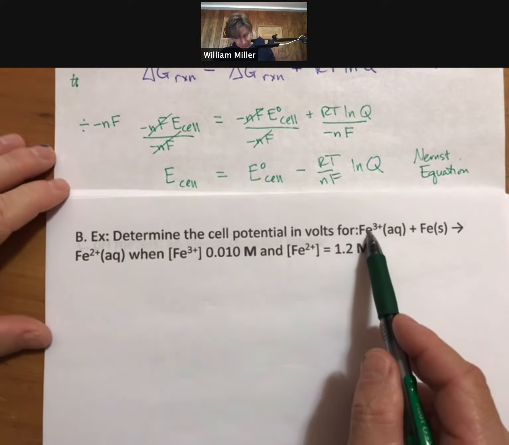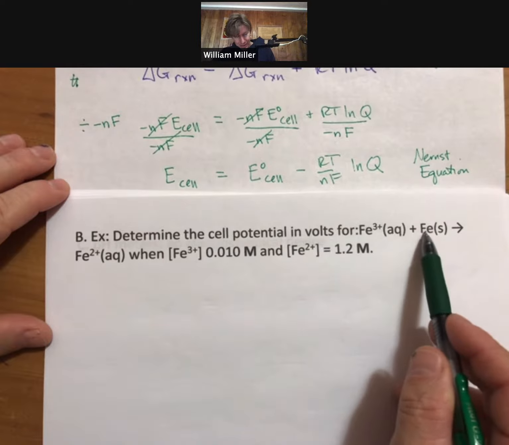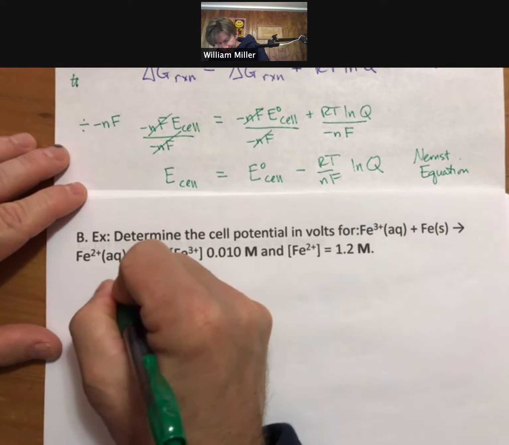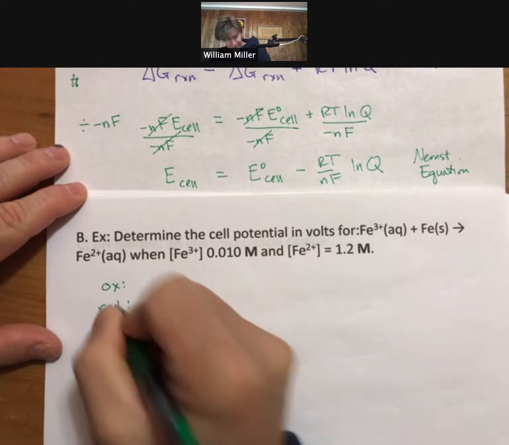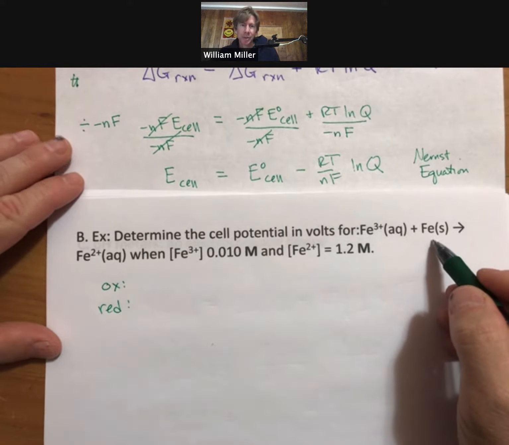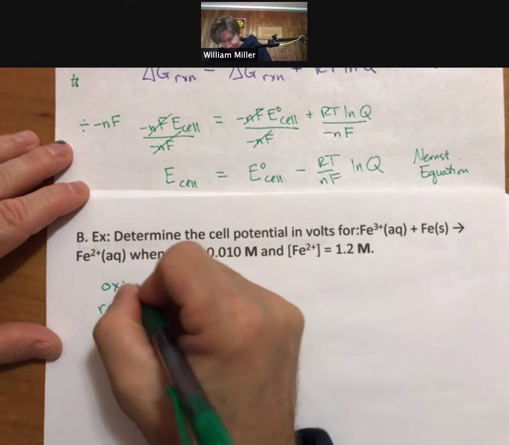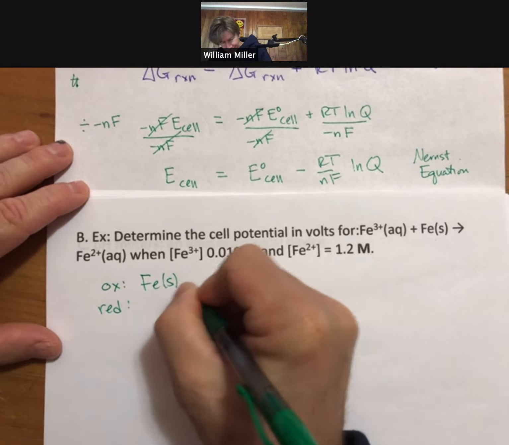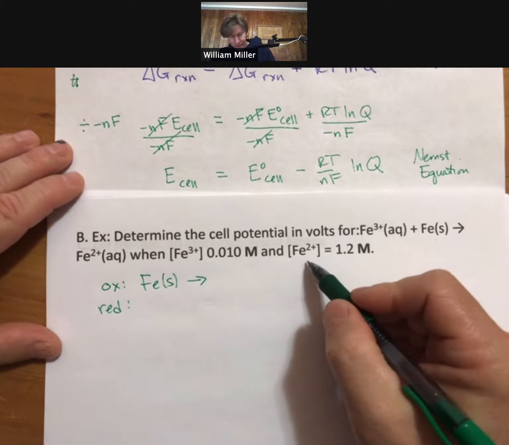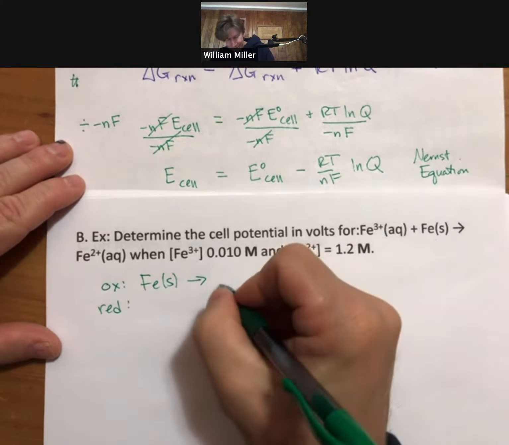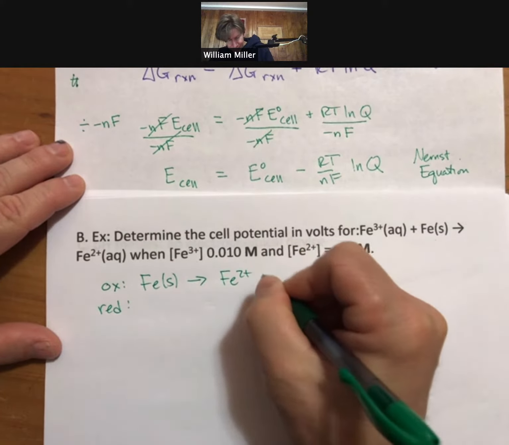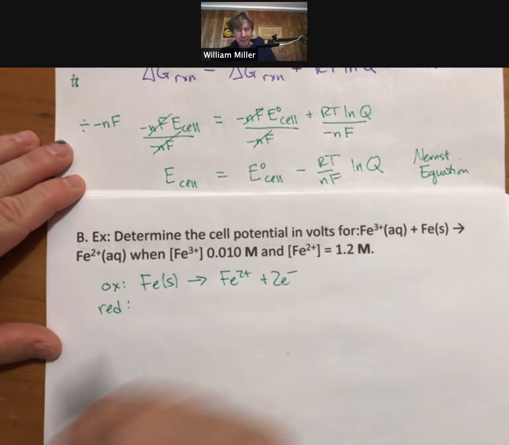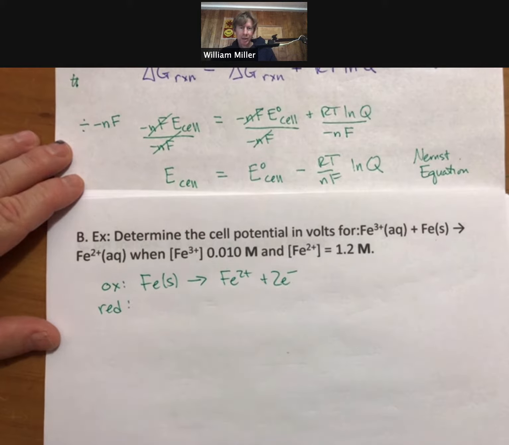All right, so our oxidation and our reduction half reactions. Our oxidation is going to be, we're taking iron solid and turning it into iron 2 plus, which must have a change of 2 electrons.